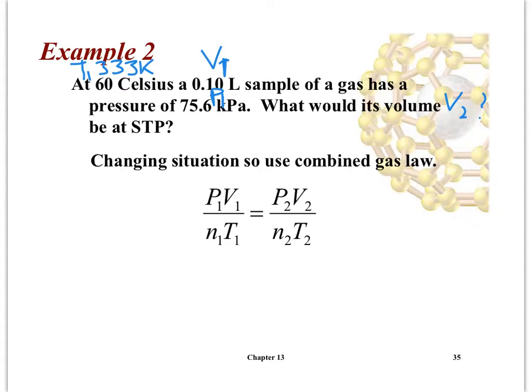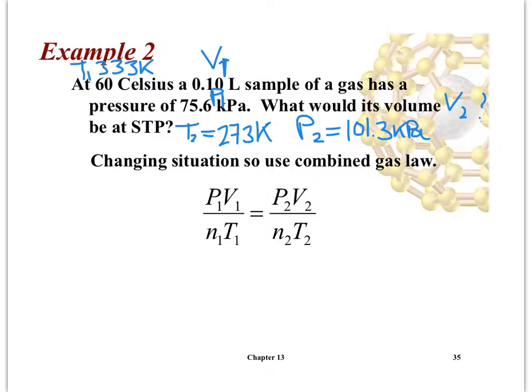So standard temperature is my T2. It is 273 Kelvin. And standard pressure is my P2. Now standard pressure could be 1 atm, 101.3 kPa, or 760 millimeters of mercury. In this case, I'm going to use kPa because my P1 is given to me in kPa. So I'll use the 101.3 kPa.